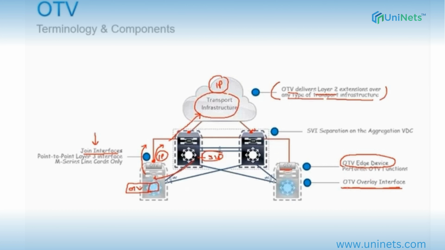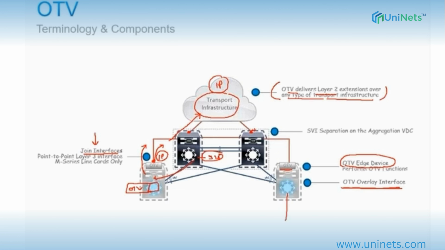The OTV overlay interface is a logical interface which encapsulates or decapsulates the Ethernet traffic. It encapsulates Ethernet traffic to an OTV packet and decapsulates the OTV packet to a traditional Ethernet packet, right?